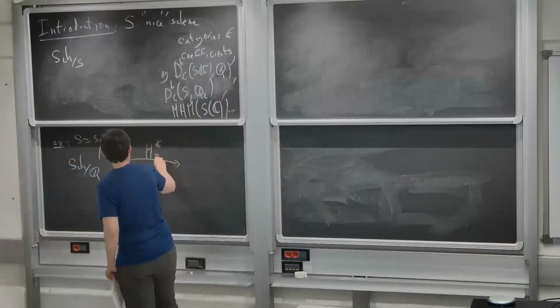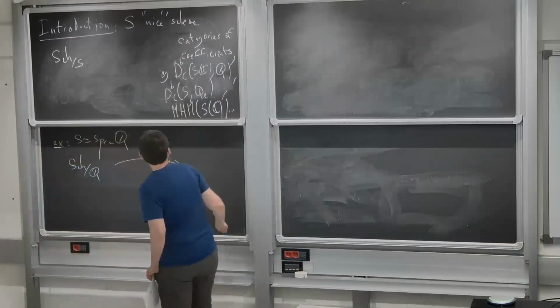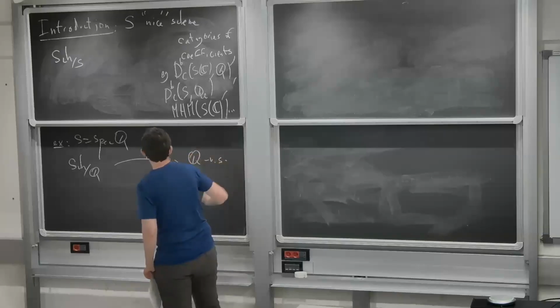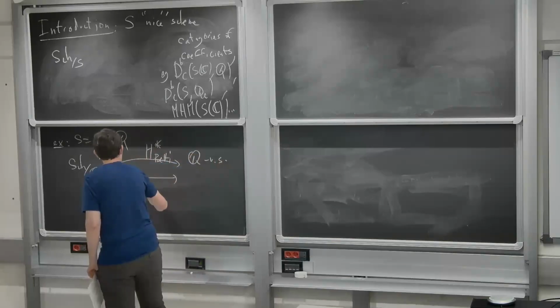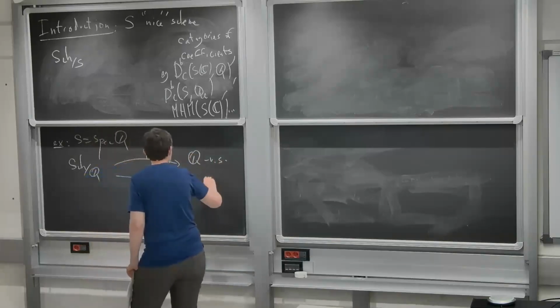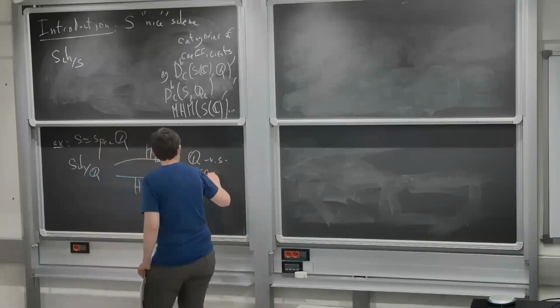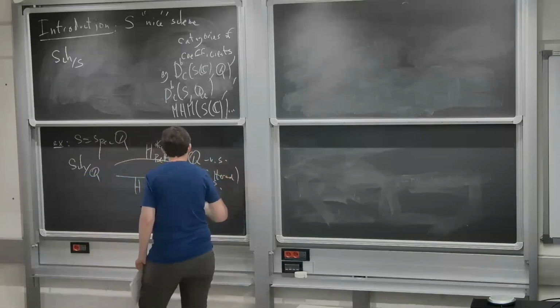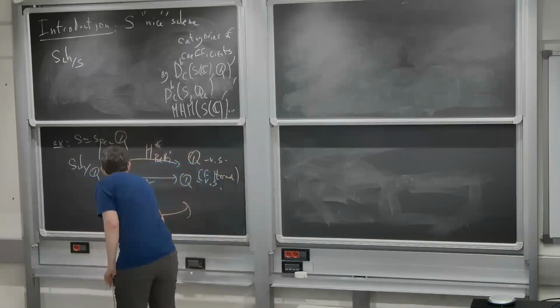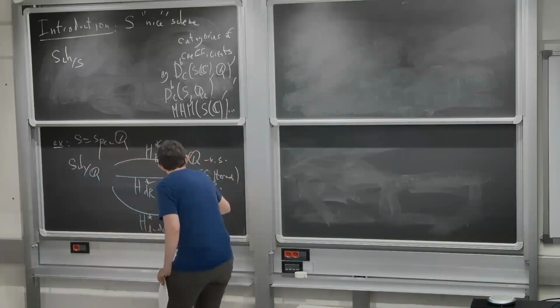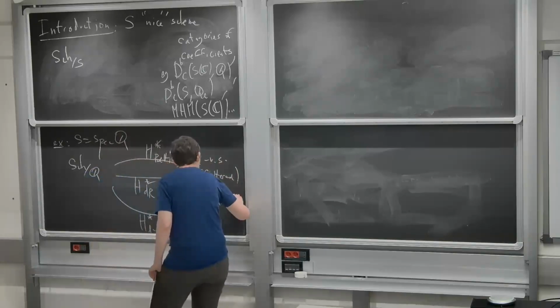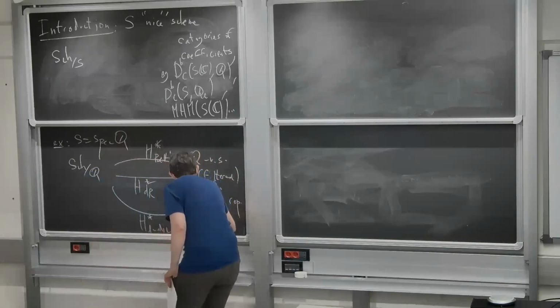For example, Betti cohomology that goes into Q vector spaces. You have de Rham cohomology that also goes into filtered Q vector spaces. And you have l-adic cohomology that goes into l-adic representations of the absolute Galois group.